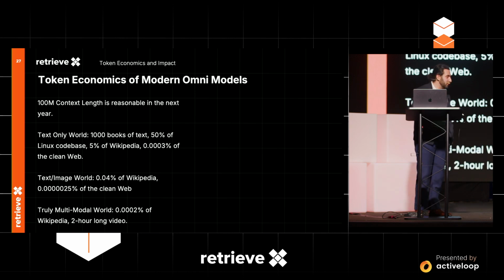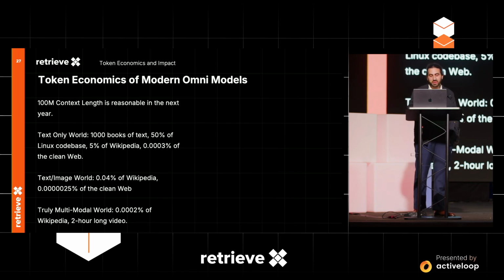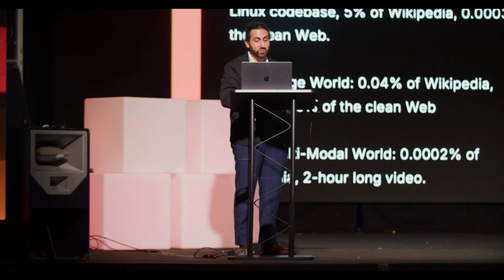And if you really want to get multimodal and you start thinking about world models such as video models, a single 2-hour-long video at 16 frames per second will give you about 100 million tokens. So now we're back at the beginning: if you have a very fundamental multimodal problem that needs to be solved, you need to go back and operate with RAG.